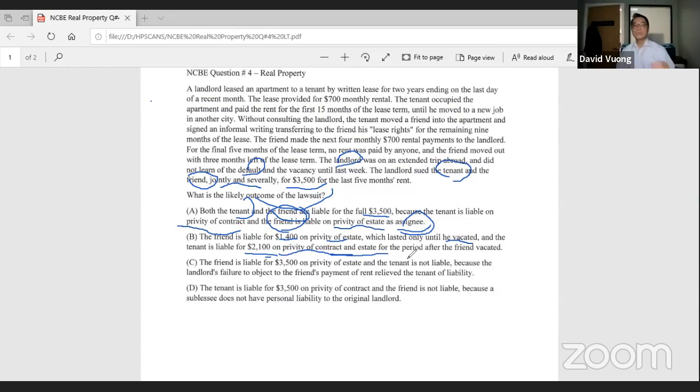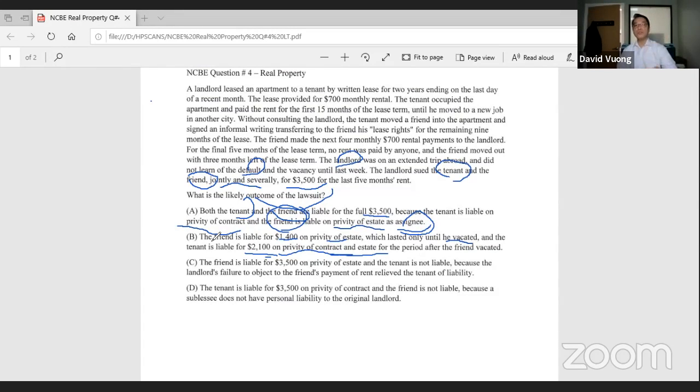So we're talking about jointly and severally liable. B is not a definition of jointly and severally liable. Jointly and severally liable does not tell you how much each one owed.